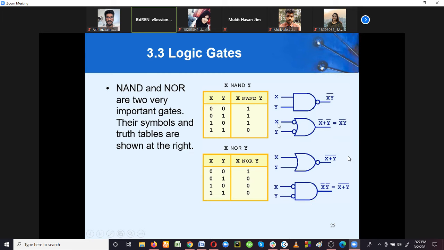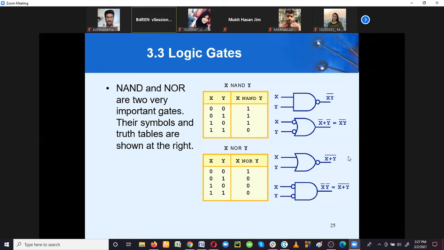If you write NOT on each input, that means x not and y not, and then apply the OR gate, we will get x bar plus y bar, which is equal to (xy) bar. Why is this shown?